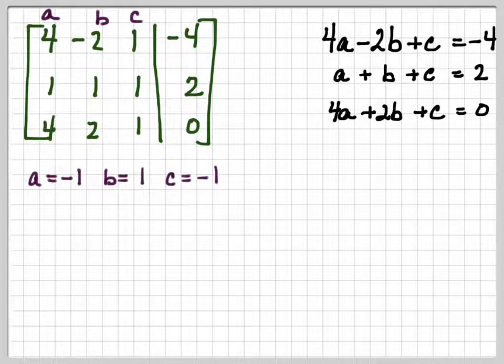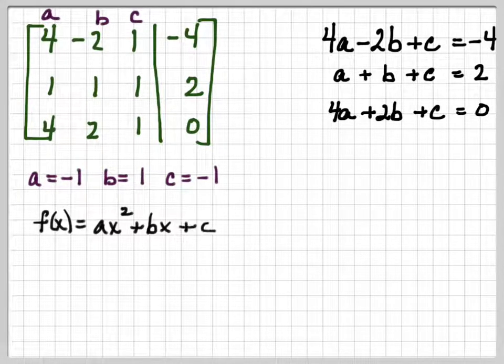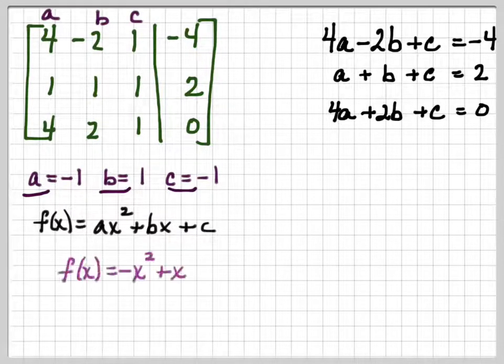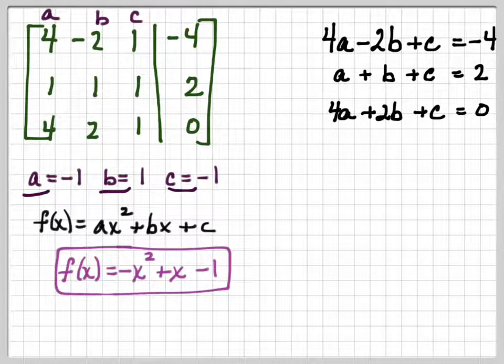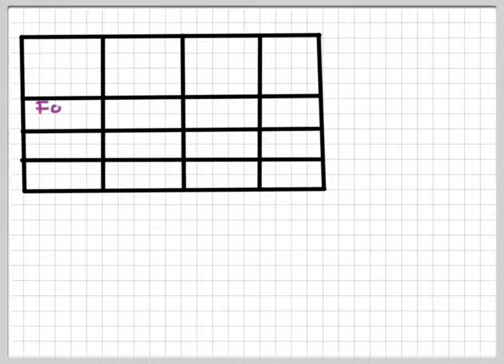I'm not going to go through the steps for you because I want you to do that on the other examples. So f of x is ax squared plus bx plus c, and when I plug in for my a, my b, and my c, I get the quadratic function f of x equals minus x squared plus x minus 1.